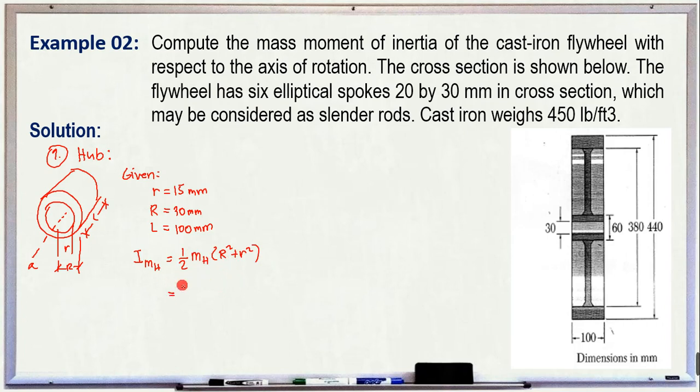Mass of hub is density times yung cross-sectional area, that is the difference of the squares of the two radii, R squared minus r squared, times yung height po niya or yung length, times R squared plus r squared. Okay? We can combine this one, no? So we have 1/2 density pi times the length times R to the fourth minus r to the fourth. Okay, di ba? Nako-combine natin yan.